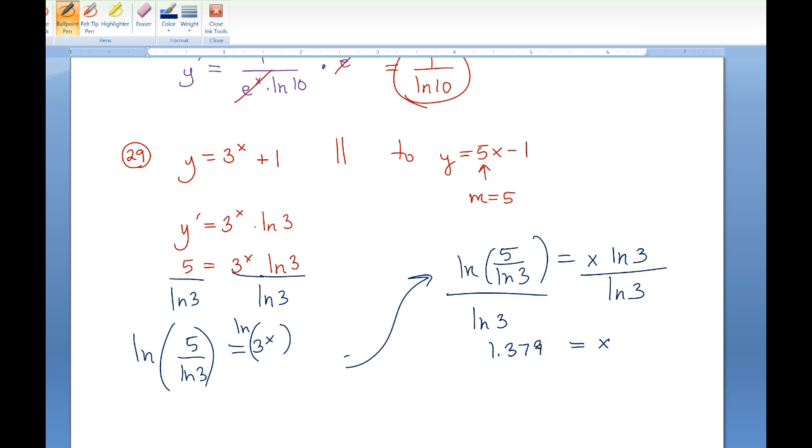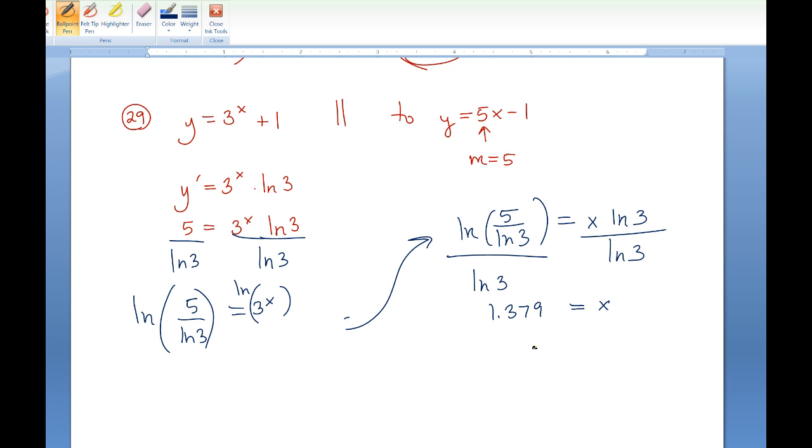It says what point, so that's the x coordinate. You're going to plug it back in to figure out the y coordinate. So 3 to the 1.379 plus 1 gives us 5.5555.